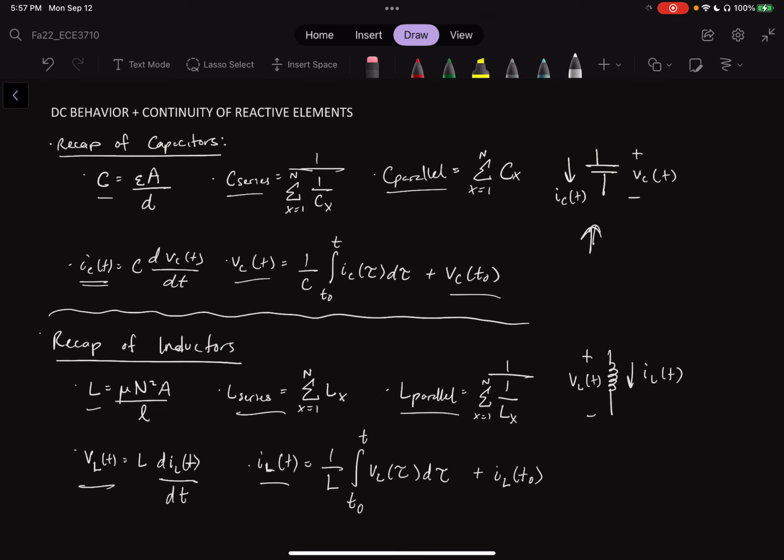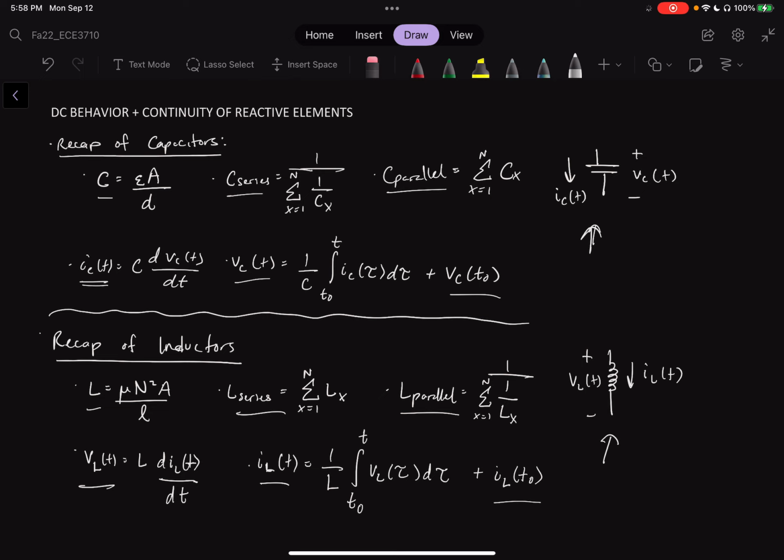We could calculate the current of an inductor explicitly by doing this integral and considering the initial current of the inductor. And this is a drawing of an inductor with the shown terminals, the current flowing down, and the voltage across said inductor.